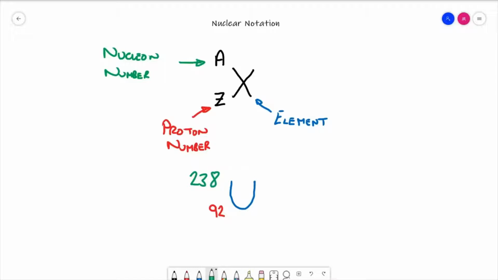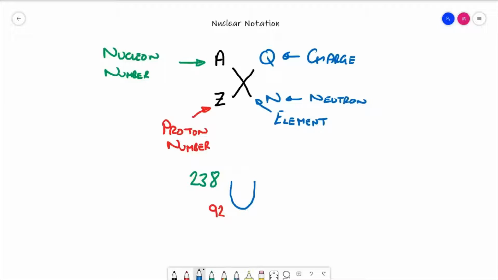Some of the other numbers that you may see associated with nuclear notation that we don't necessarily use in nuclear physics, you may see a charge placed at the top right. That tends to be used more in chemistry when they're looking at ions and such like. And sometimes you'll see N placed at the bottom right, which is the neutron number.